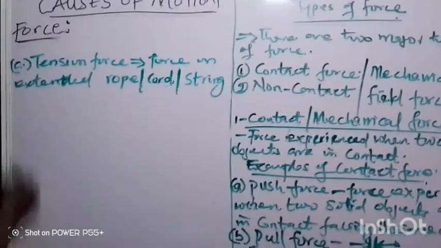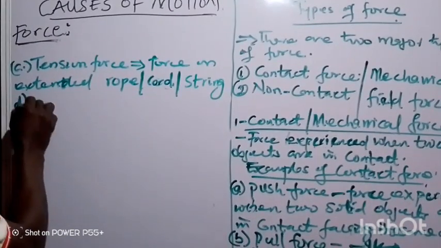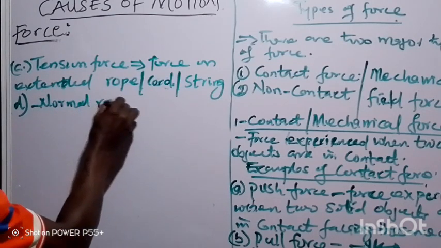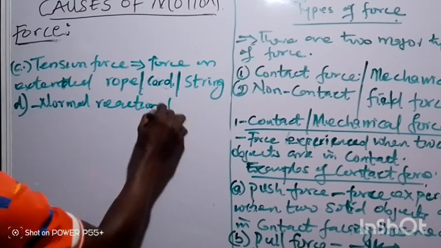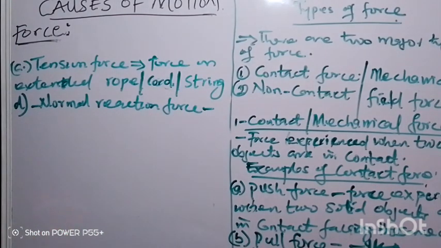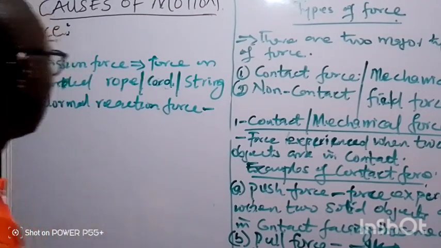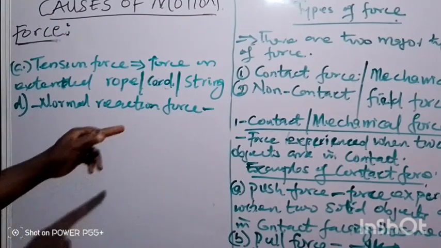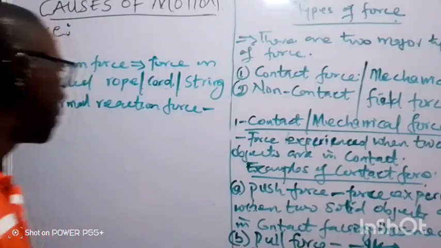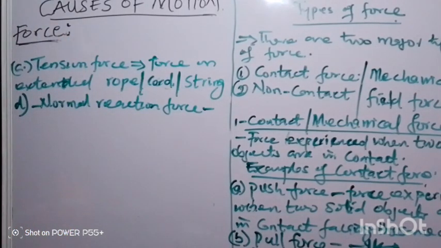D, which will be number four, normal reaction force. This one is the force experienced when two solid objects are in contact, or it is the upward perpendicular force that presses two solid surfaces together.